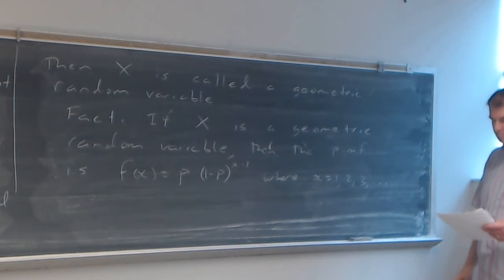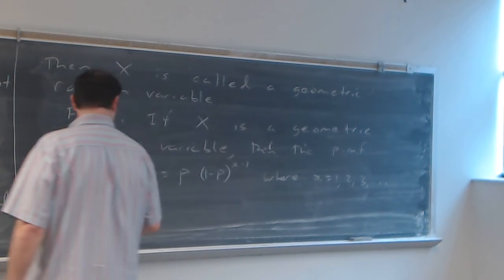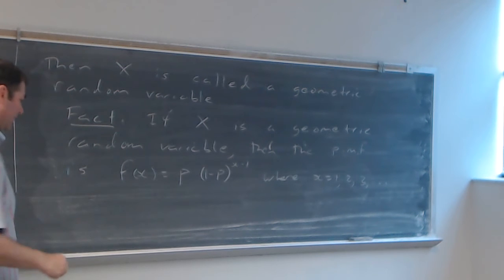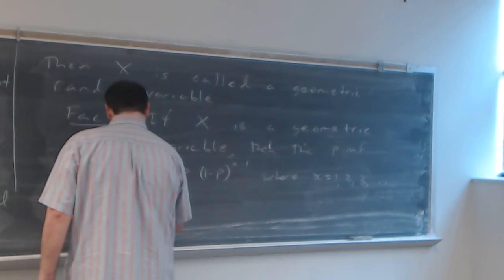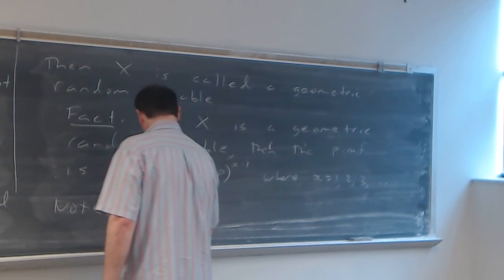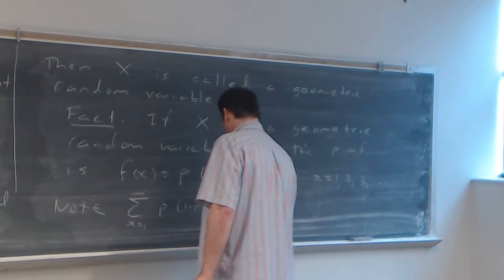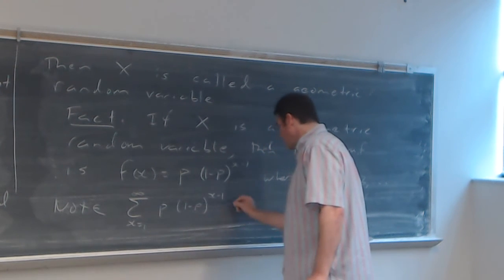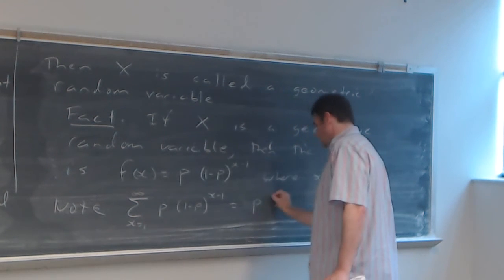Now, why is the geometric random variable named so? That's because if you sum up, as x runs from 1 to infinity, p times (1 minus p) raised to x minus 1, you can factor out a p because it doesn't depend on x, it's constant.